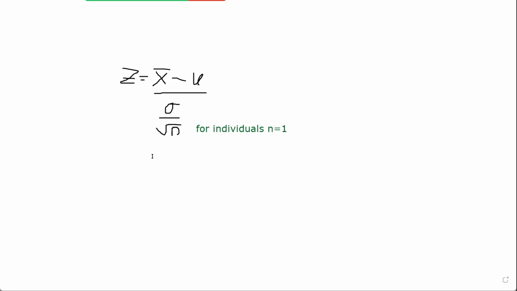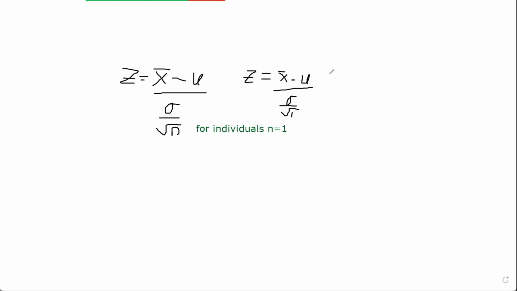Well, if that's an individual score, then z is equal to x minus mu, and sigma stays sigma, but the square root of 1 is 1, right?